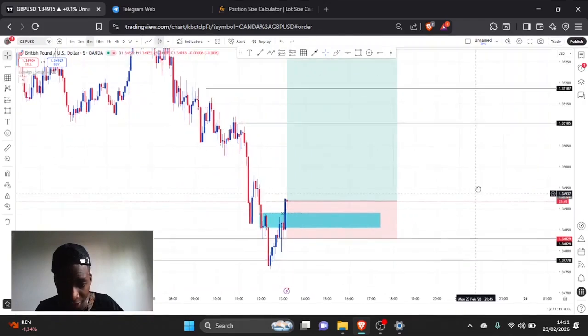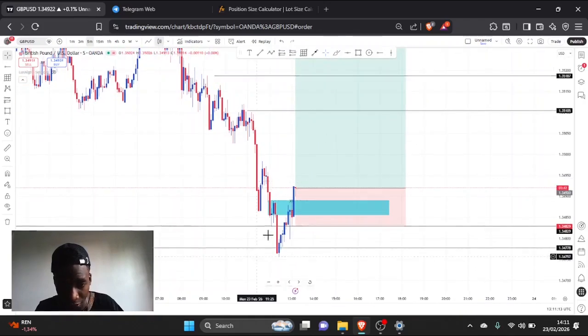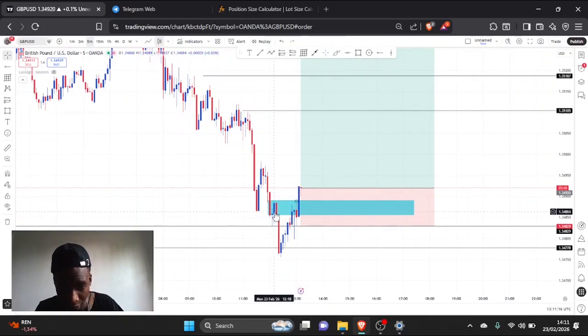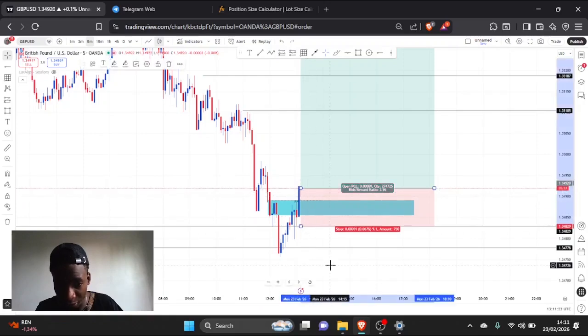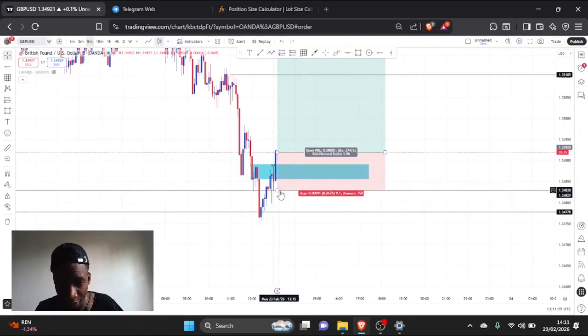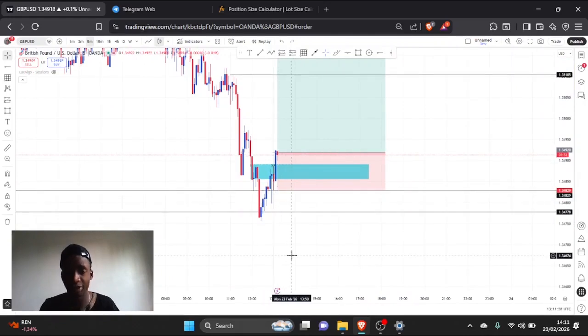The reason is this is another block that wasn't respected, so I may have a retracement. Why I kept this: I said it's three positions I want to enter and I already entered two. The reason for these two is reversal purposes. If the market reverses immediately and hits my stop loss, it won't be up to 1%.